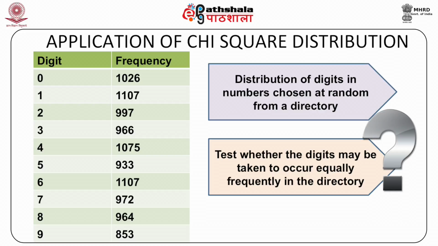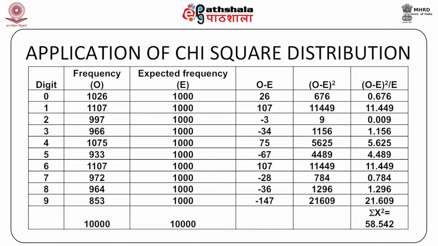The following figures show the distribution of digits in numbers chosen at random from a directory. Test whether the digits may be taken to occur equally frequently in the directory. Solution: null hypothesis H0 is that numbers are uniformly distributed.